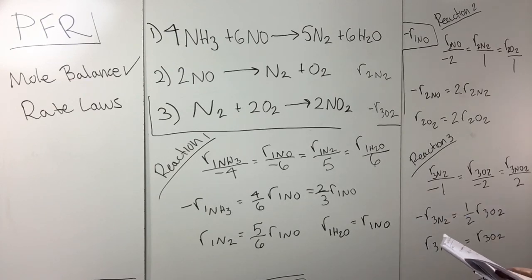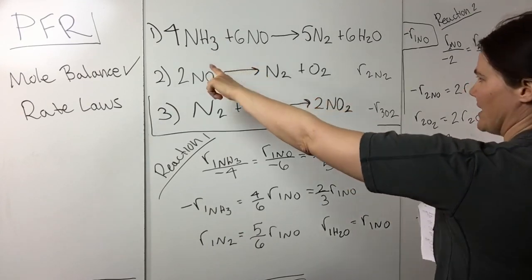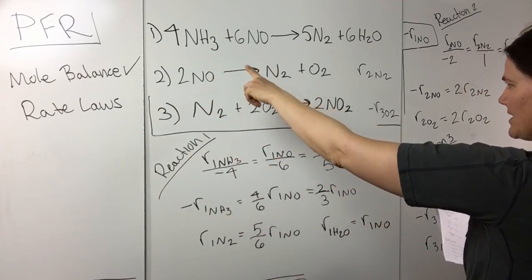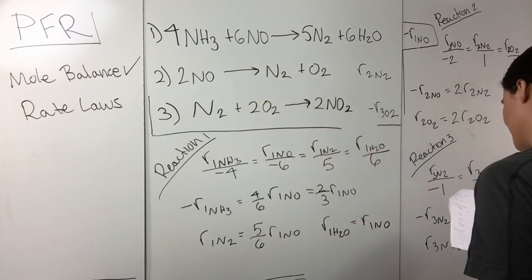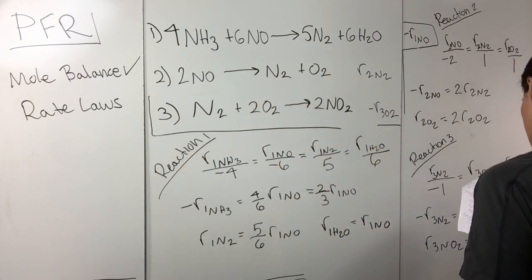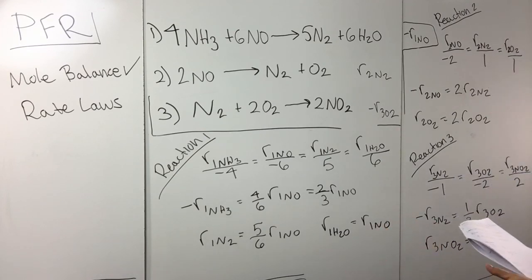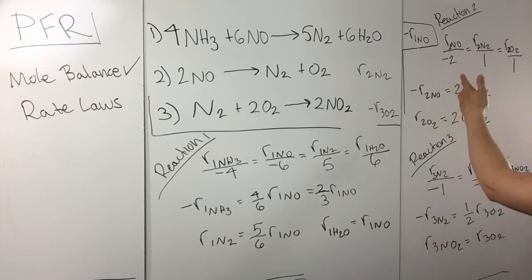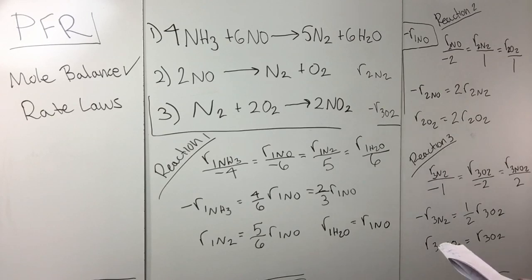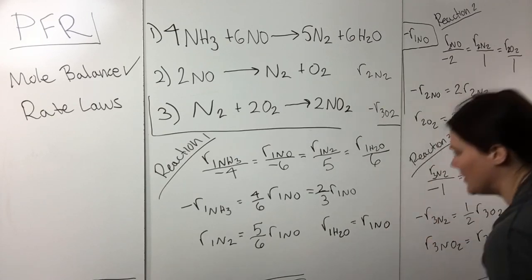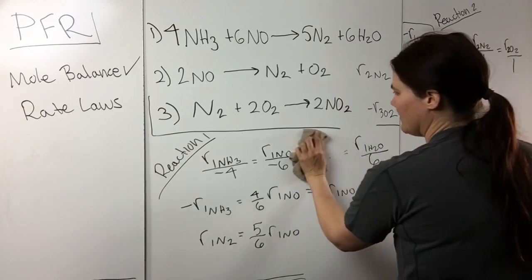You remember the equations we wrote where we said R_NH3 is equal to R1_NH3, R_NO is equal to R1_NO plus R2_NO, etc. So now we want to take all these and plug them into those so we get the net rate law.